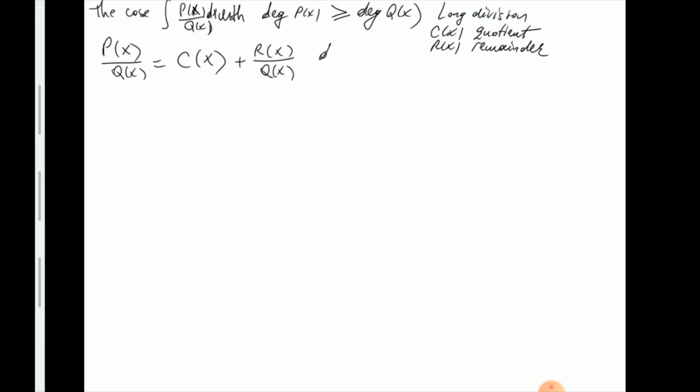And you're guaranteed, thanks to abstract algebra, that the degree of the remainder is strictly less than the degree of the denominator. So for this portion, one can use later partial fractions decomposition.